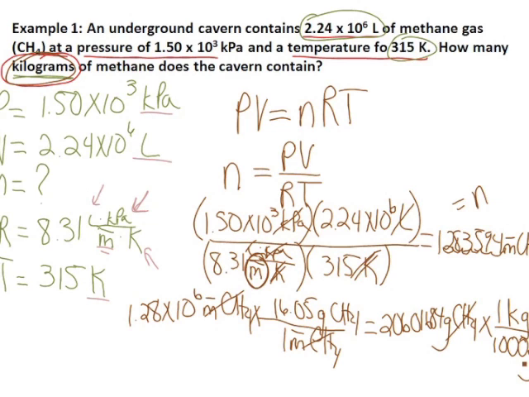Our grams cancel, and our final answer ends up being 2.06 times 10 to the 4th kilograms of CH4. Now, that's a pretty crazy answer. Typically, you're not going to be asked to go to kilograms, and I'm not sure why we decided to go all the way to kilograms on this one.